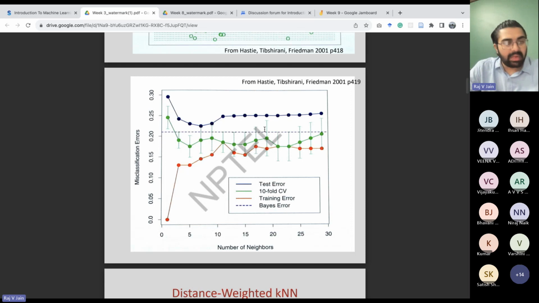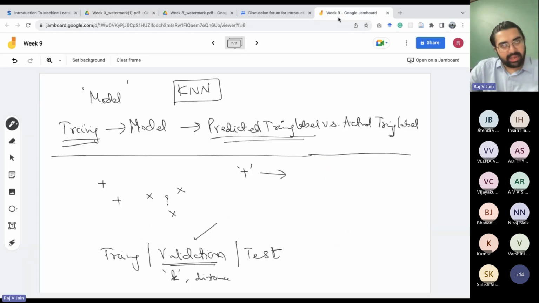In general, error in ML means test error. We only care about the test error because that's the measure of how general the model is, right? Validation error also, we don't generally take it as this one, because you're using that to change the model at the end of the day. And training error, obviously not.